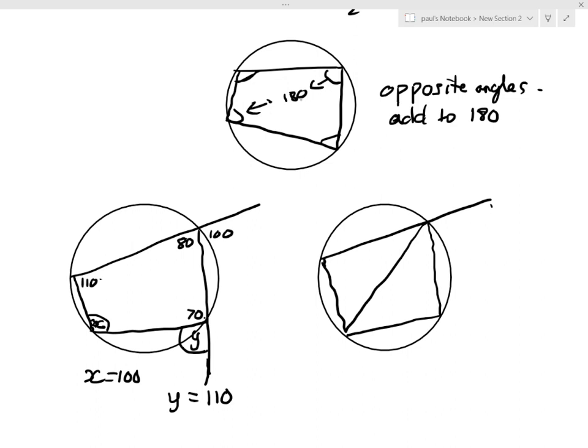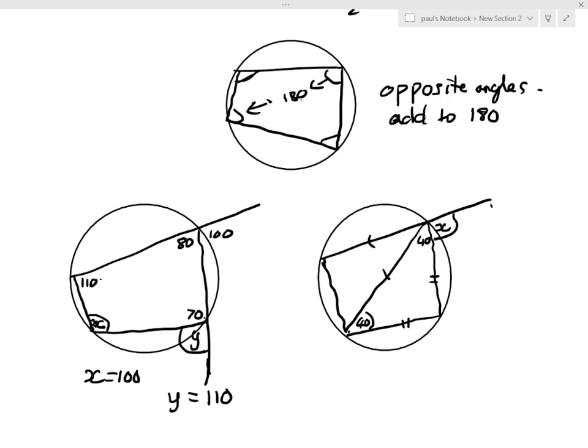Right, we've got 40 degrees here, 40 degrees, and we want to find out this one, x. Okay, now we need some extra information. This is an isosceles triangle, and this is an isosceles triangle as well. So this one equals 40.